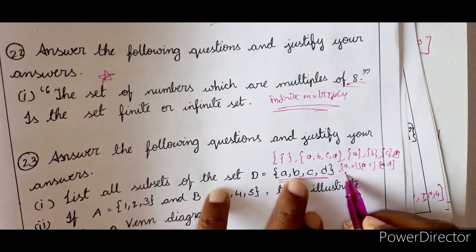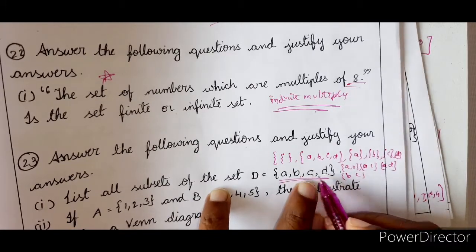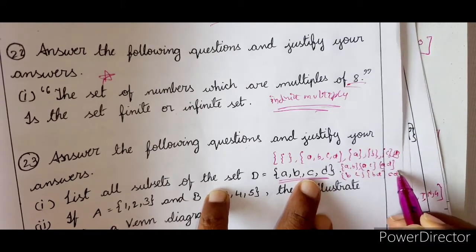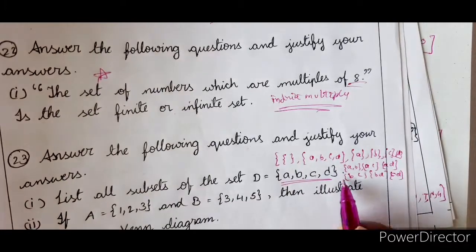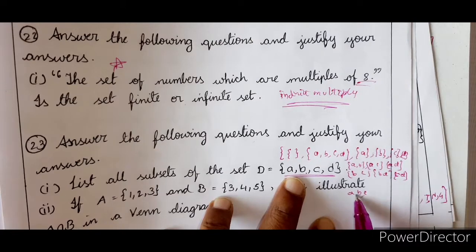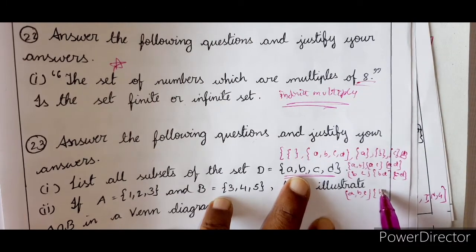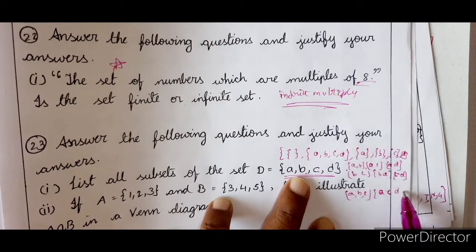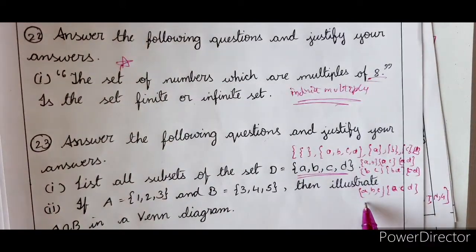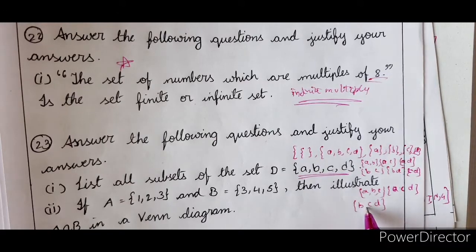Finished? Now BC, I won't write AB again. BC, BD. Then now CD. Now taking 3-element sets. A, B, C, one. Now A, C, D is another. A, B, C, A, C, D. Next B, C, D.